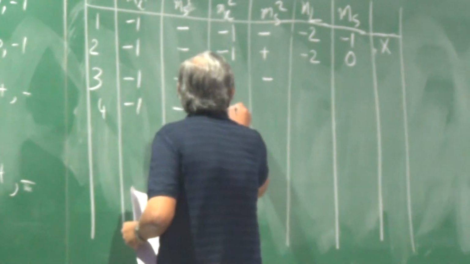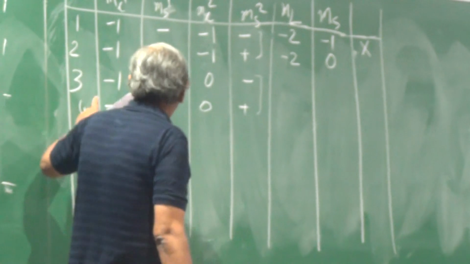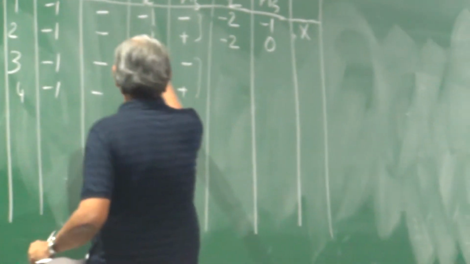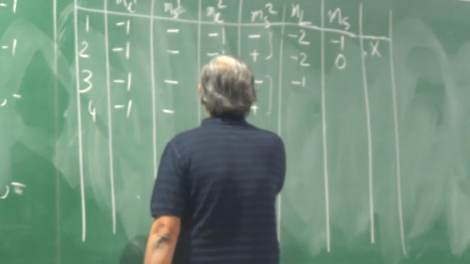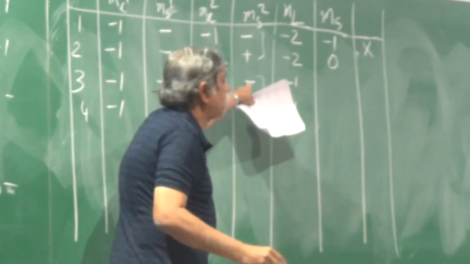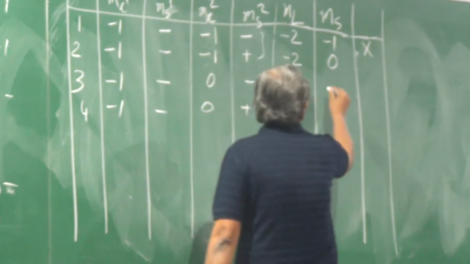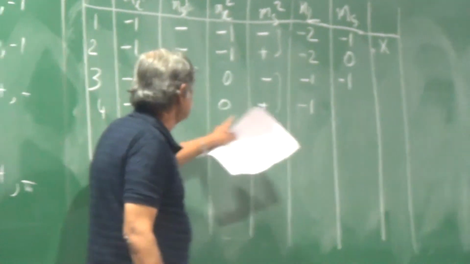Minus 1, minus; 0, and plus. What is this ML going to be in this case? Minus 1. And what is this ML going to be? Minus 1. And what is this going to be? Minus 1, because this is minus half and this is minus half. And what is this going to be?